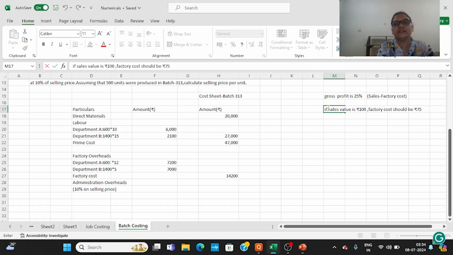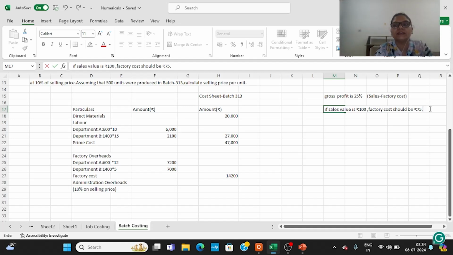On this basis, that is 100 minus 75 will give you 25. So if selling price is 100, then factory cost should be 75.